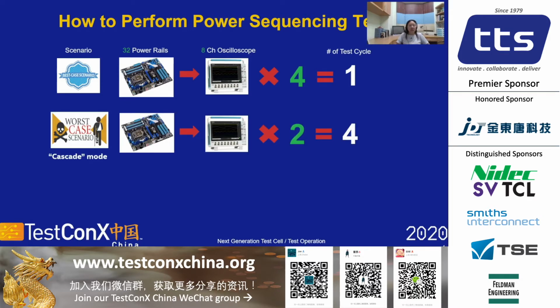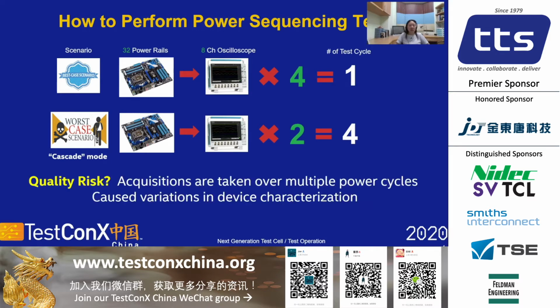The worst case scenario is that we need to cascade a few different test cycles. If we only have 2 oscilloscopes, you need to repeat the testing or measurement cycle 4 times in order to get 32 signals from the measurement.